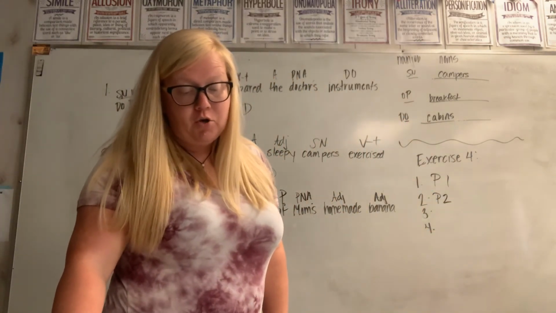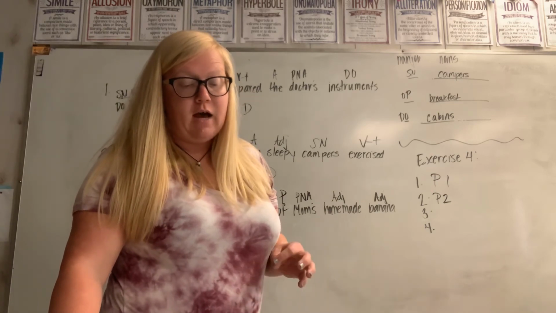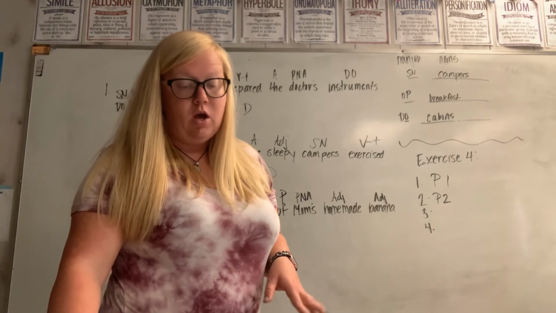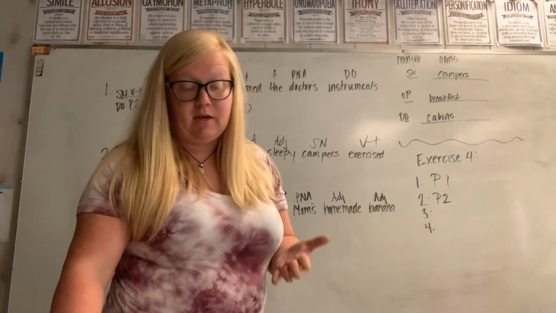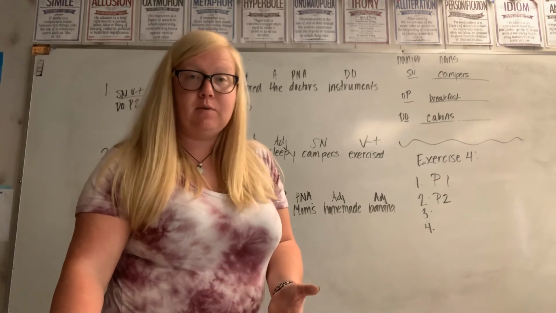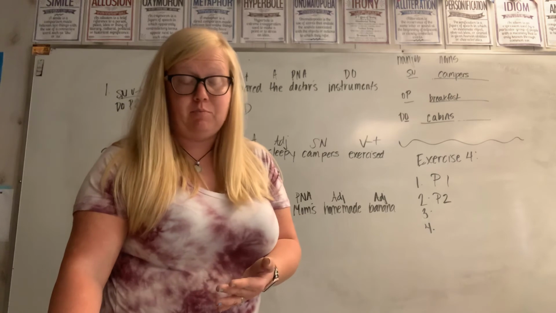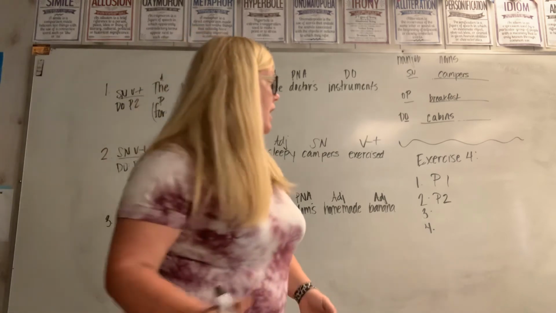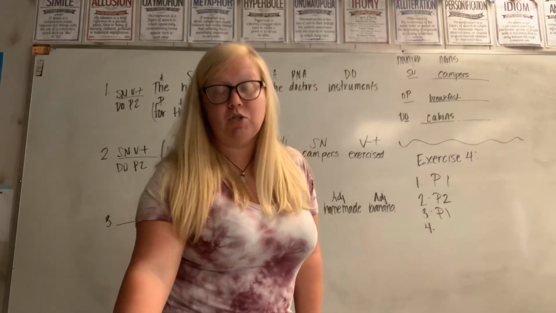Number 3, are you going to the movies with my family? So if we find our verb, which is going, you can't answer that because to the movies is a prepositional phrase because to is a preposition and with my family is a prepositional phrase. So therefore that is a pattern 1 sentence because there's no direct object in that sentence.